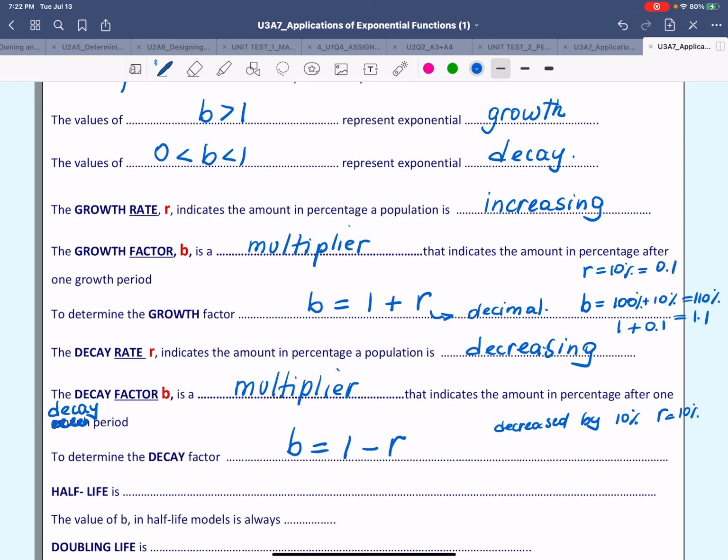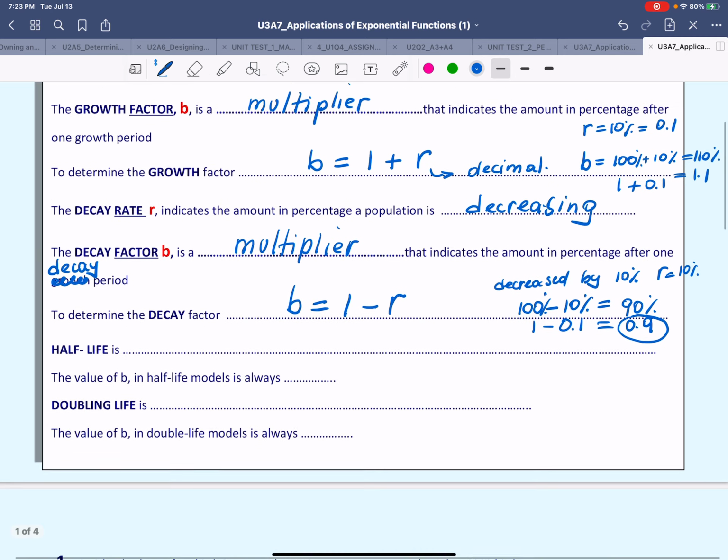And the population will go from 100%, take away 10%, which tells us that in the next cycle we have only 90% of the population left, which can be represented as 1 minus 0.1 if we use the decimal form of the rate, and that would be equal to 0.9. We use the decimal form of the value of B in this case.